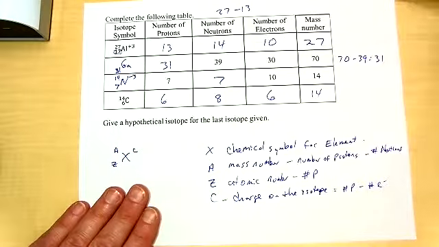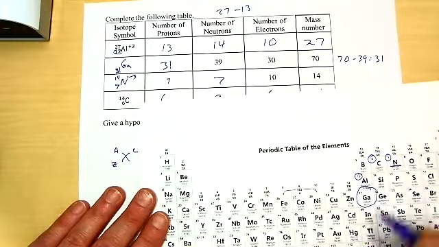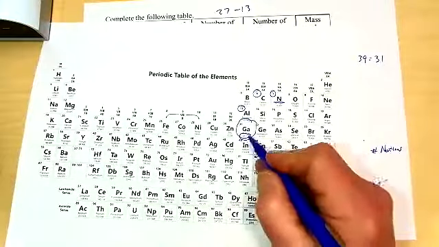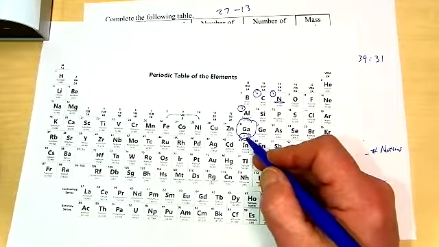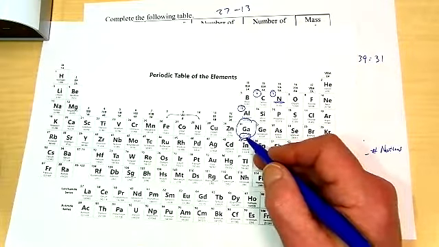Now, a lot of students, for some reason, when they want to put the mass number here, look at the mass on the periodic table, but that is not the same thing as the mass number. That is actually the weighted average of all the isotopes of gallium on Earth. So we can't use that.